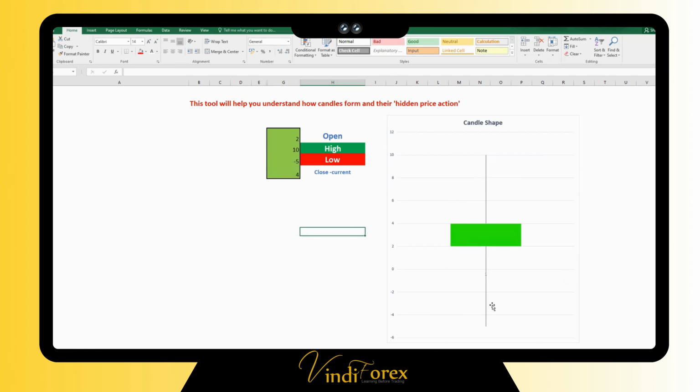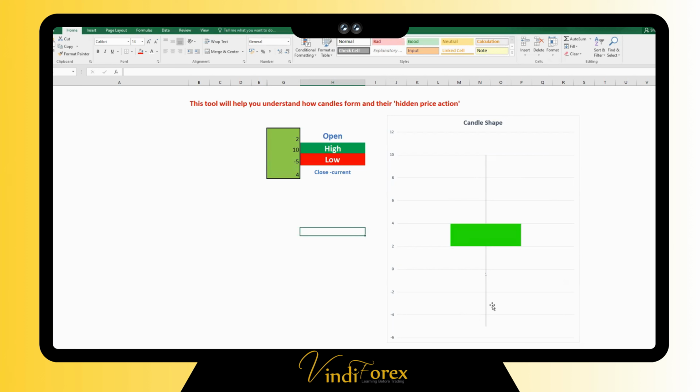Let me give you a different scenario then. Let's say this current price right here, I'm going to dial it down to something else. Let's dial it down to -5. Again, it's the same formula.